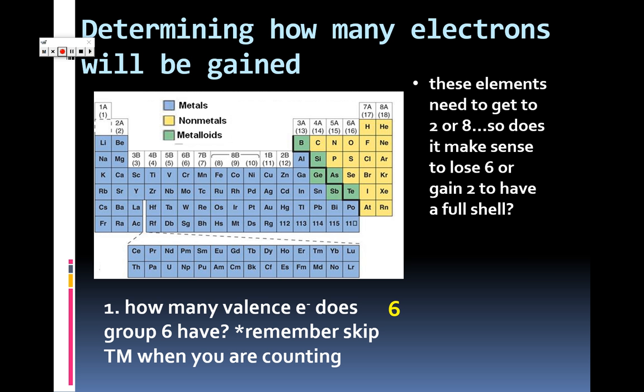Potassium has 19, but then loses 1, so it's going to have 18. Argon has 18, so it's isoelectronic with argon, a noble gas. Chlorine is going to gain 1 electron, so it goes from 17 to 18. It also is going to be isoelectronic with argon.